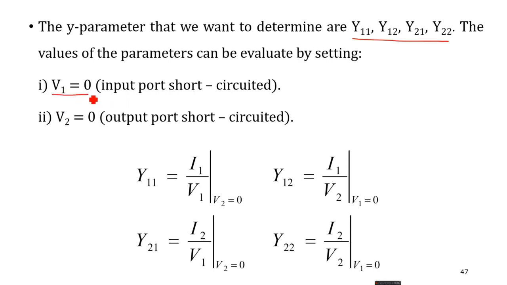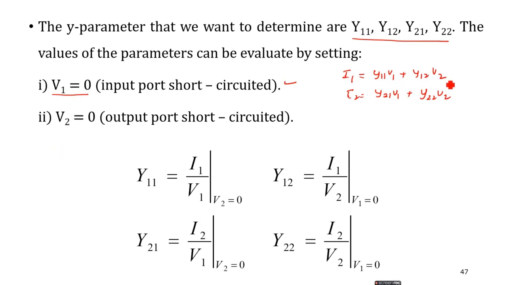What is the meaning of V1 as 0? Voltage is 0 means the input port is short circuited. Alright, I will write the equations: I1 equals Y11 V1 plus Y12 V2, I2 equals Y21 V1 plus Y22 V2.